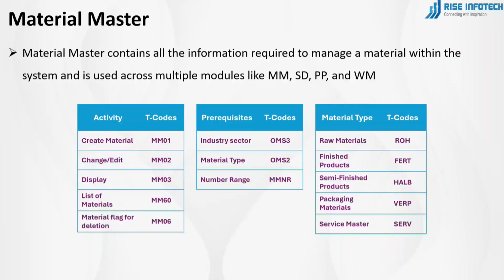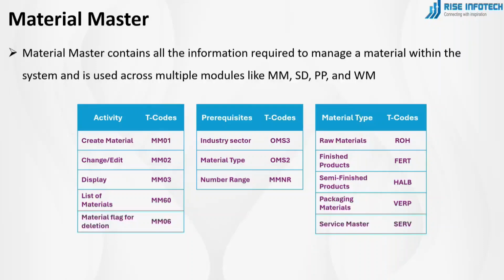There are some prerequisites required for creating a material master: industry sector, material type and number range. For the industry sector, the T code is OMS3; to create the material type, it is OMS2; and to define the number range, it is MMNR.